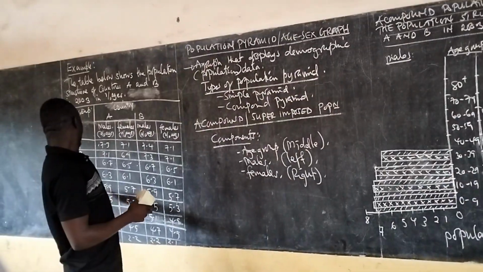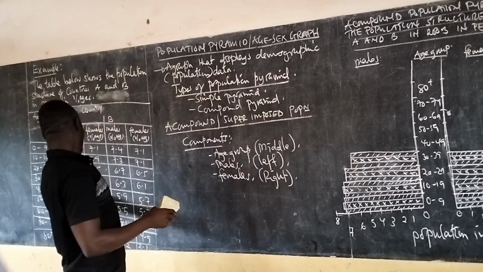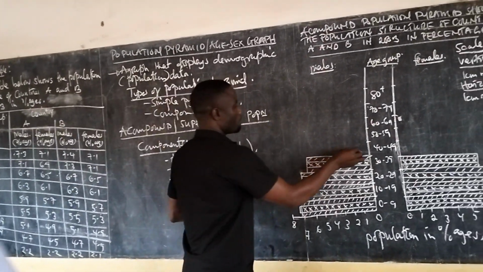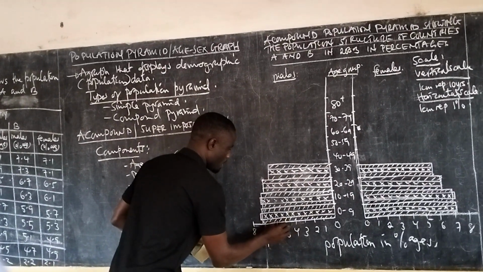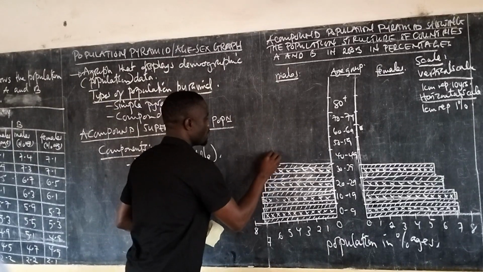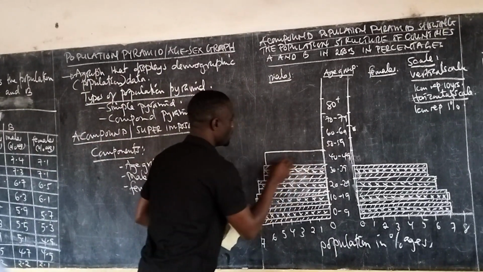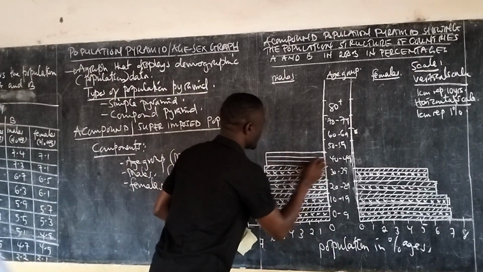Let us go to 40 to 49, males, country A 5.9, 5.9 around here. Even country B is 5.9.